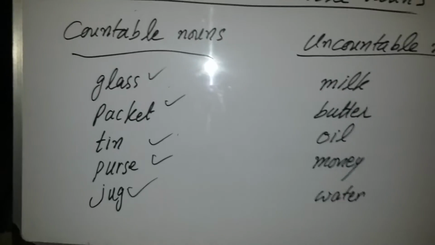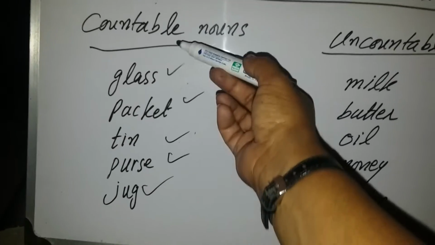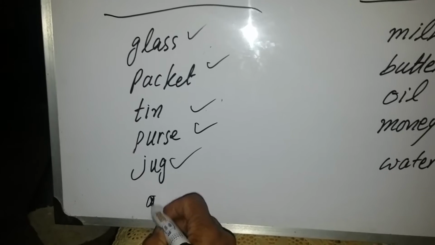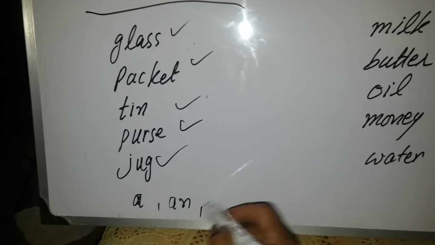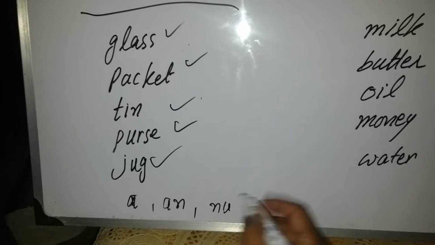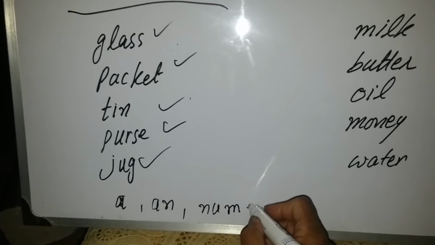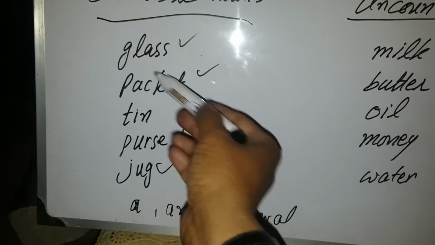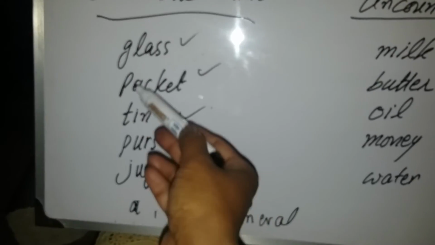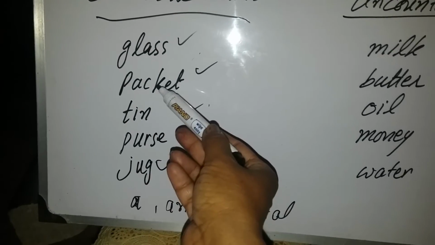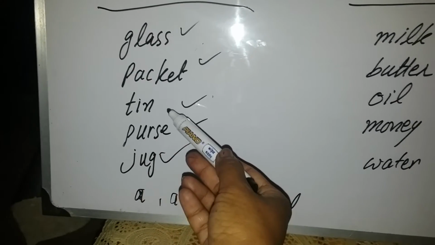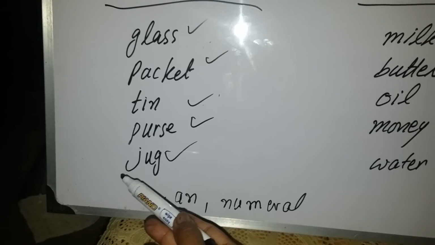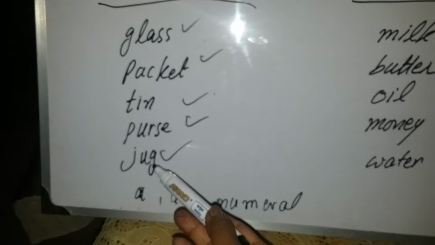And in the definition, as I taught you, with countable nouns you can use a, an and a numeral. How? For example, a glass, 2 glasses, a packet, 3 packets, a tin, 4 tins, a purse, 6 purses, a jug or 10 jugs.